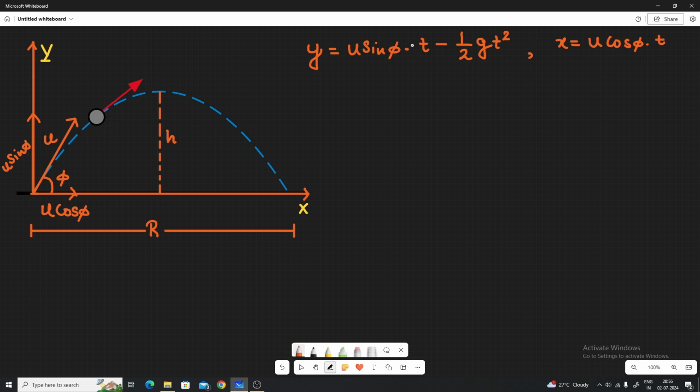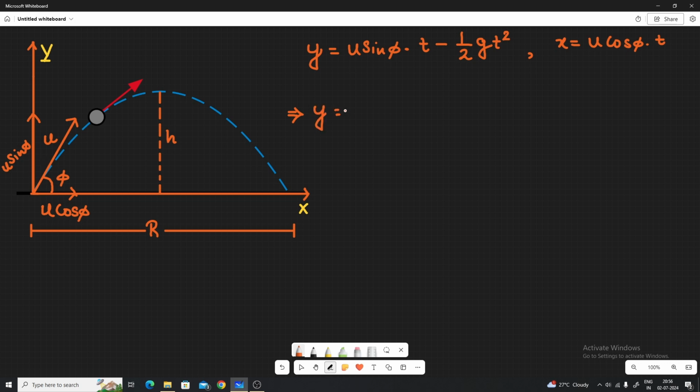So these two things you will need to find out the equation of this path. Now what you have to do? You have to do just one thing. Just take the value of t from this equation and put that value in this equation of y.